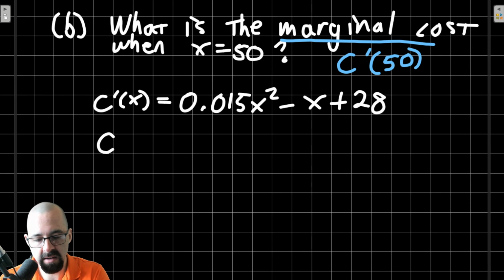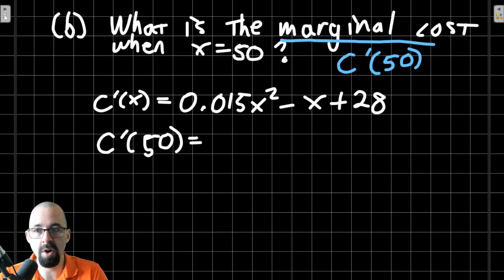Let's plug 50 into that. You can pause the video and plug it in at home. Make sure your calculator work is on point, especially good practice to use the online calculator that we use for the quizzes. So 0.015 times 50 squared minus 50 plus 28.